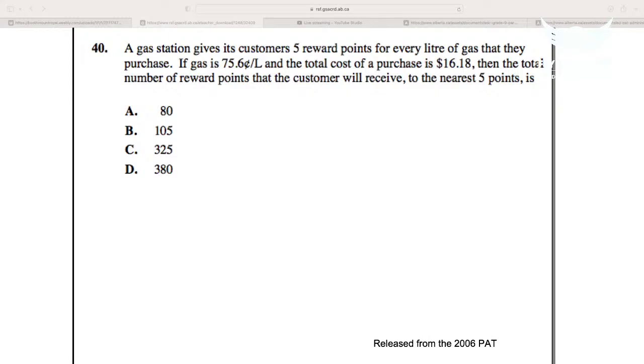A gas station gives its customers 5 reward points for every liter of gas they purchase. If gas is 75.6 cents a liter and the total cost of purchase is $16.80, then the total number of reward points that the customer will receive, to the nearest 5 points.